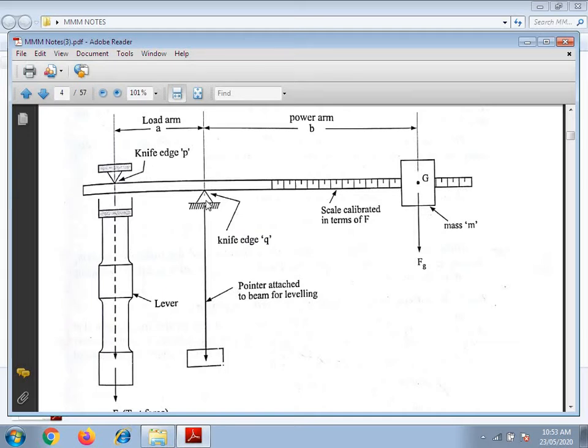The load arm is associated with a load, that is the weight force. So this one, the weight force, is to be measured, while the power arm is associated with the power, that is, the force produced by the counterweight required to set the balance in equilibrium.